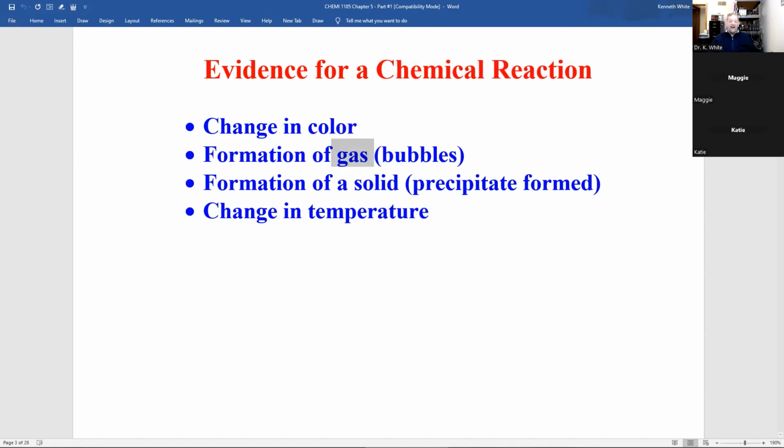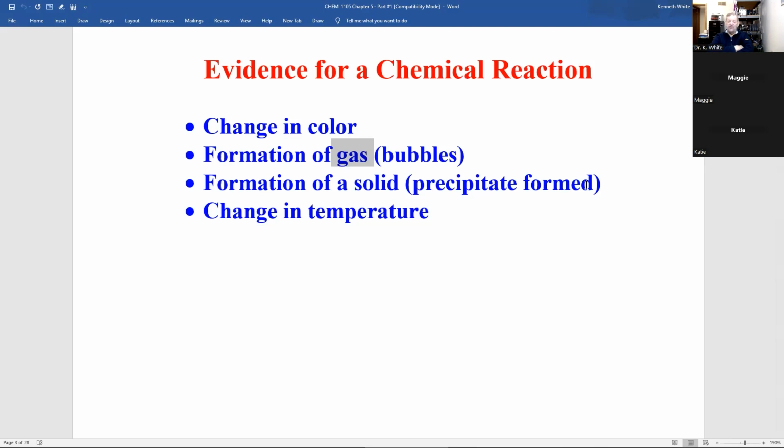that's a chemical reaction. The other thing, when you mix two things together and you form a solid, how do you know that? You see a precipitate. A liquid is two liquids. If you were to pour it together, you'd think, oh, that should be liquid.